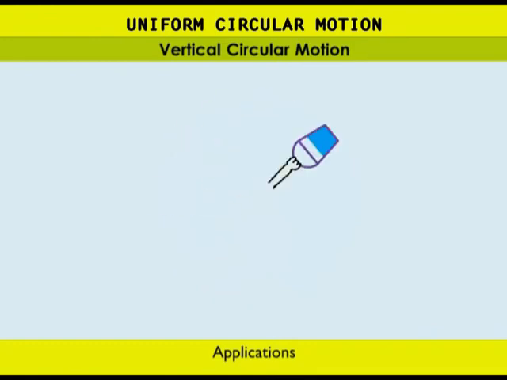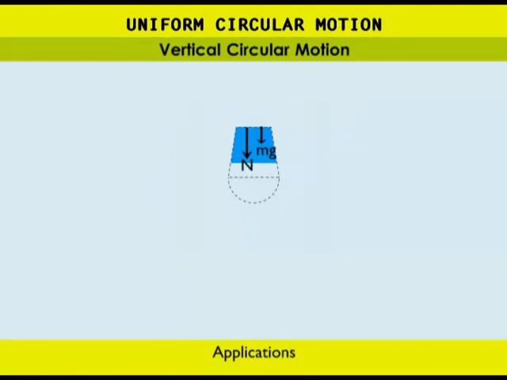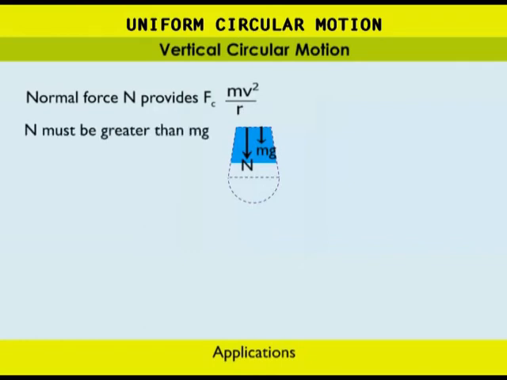When moving past the top in circular motion, the normal force N of the bucket on the water provides the centripetal force mv squared over r, which must be greater than mg, the gravitational pull, if the water is to stay in the bucket. Cancelling out the m's, we have v squared over r is greater than g.